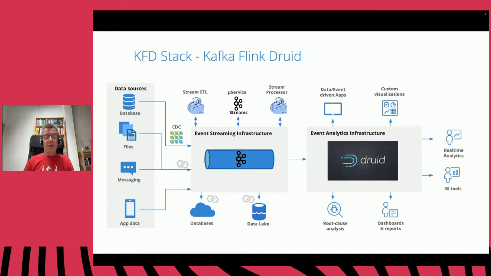You would use Flink as the processing, streaming ETL, and then you would land your data in Druid. And that is what you want to do for any kind of streaming analytics architecture that you would build, be it big, be it small.